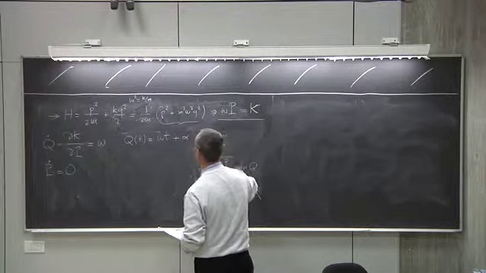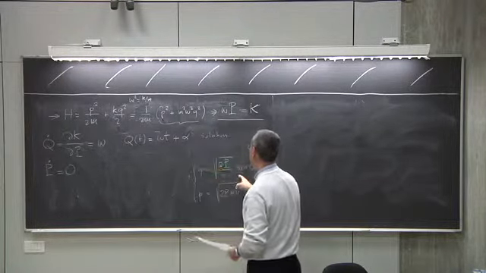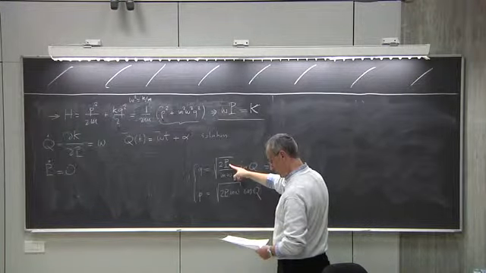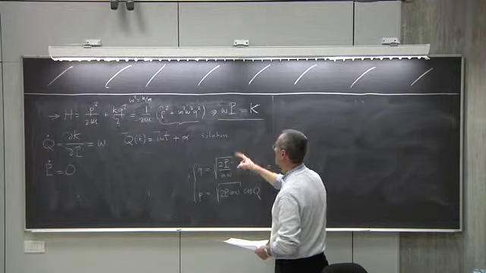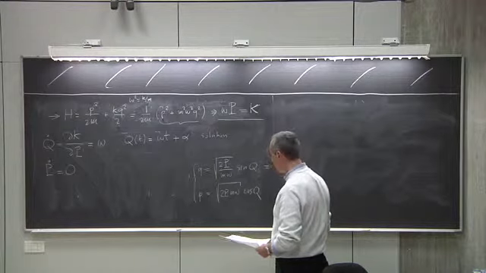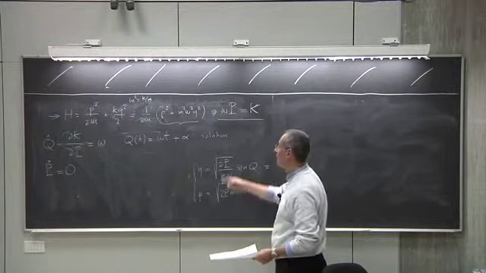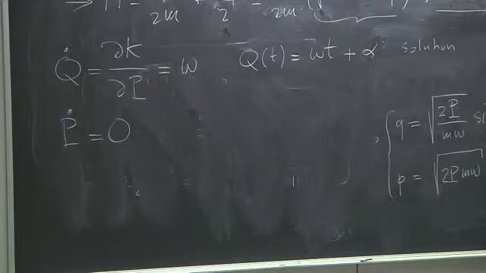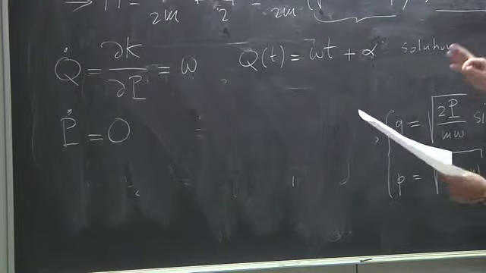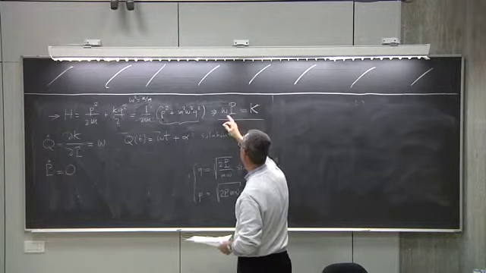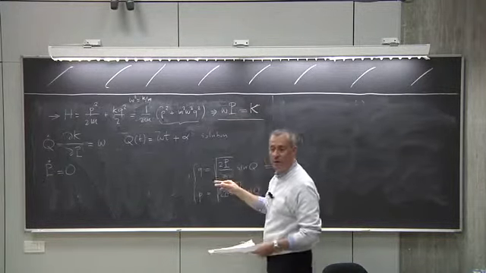And if you plug it back in here, what happened? P is a constant. What is this constant, P? It's just the energy, except for this omega. Because the Hamiltonian is the energy. So P is the energy divided by omega.